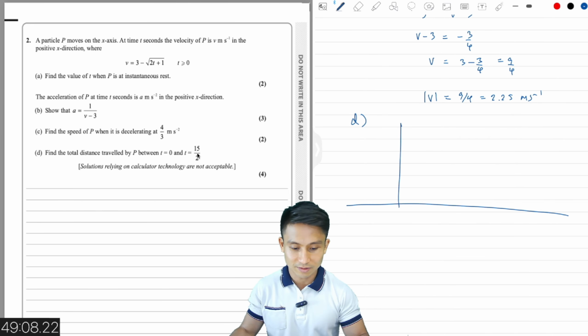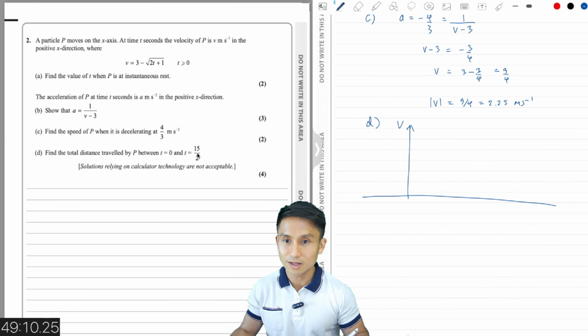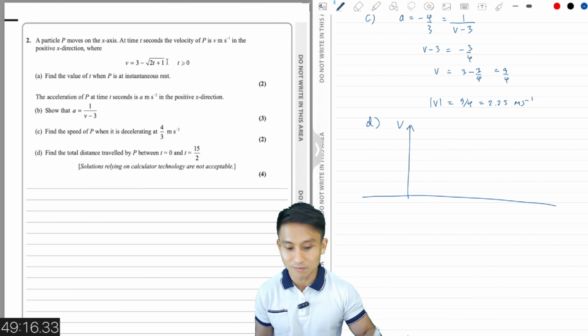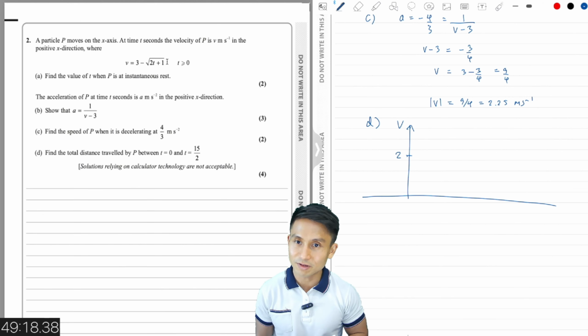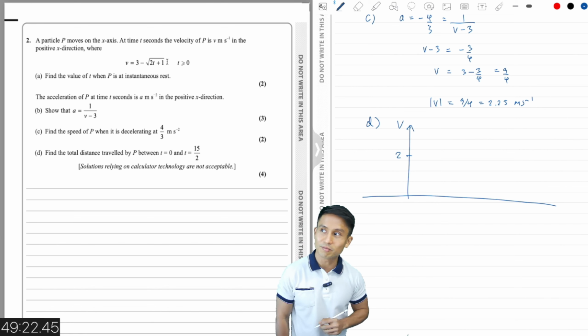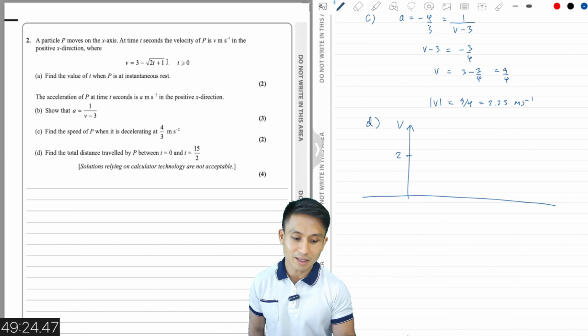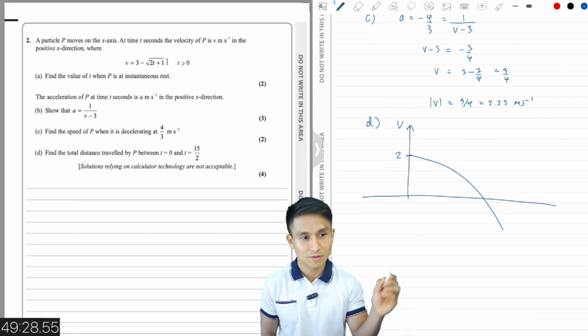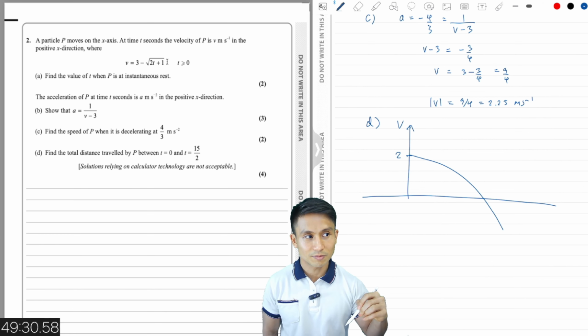When t equals 0, v is positive, we get 2. And because this is a square root function, I'm just going to make it like this maybe.